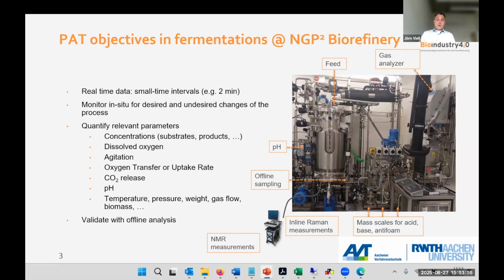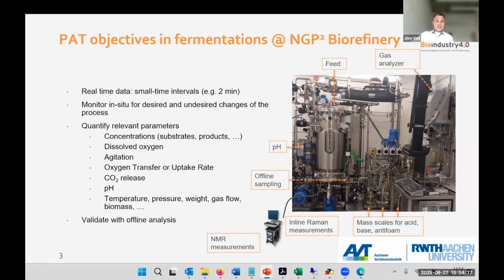And so, of course, we monitor the relevant parameters like dissolved oxygen content, the energy intake of the agitator, oxygen uptake rate or oxygen transfer. That's what you can calculate also from the difference between input and the gas analyzer.